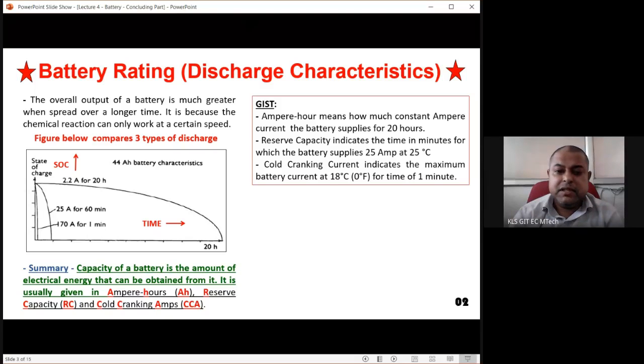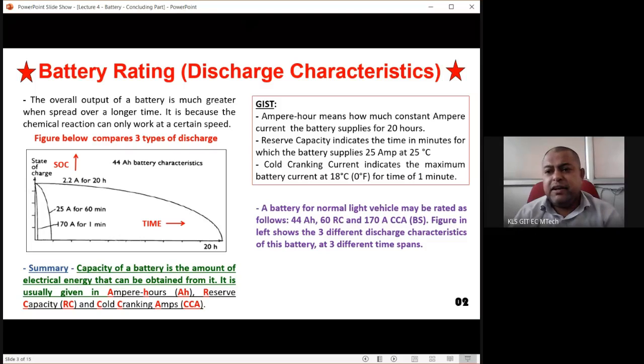So this is the gist, and from here we can find out some more specifications. A battery for a normal vehicle that we are driving may be rated as follows. So 44 ampere hour, AH, that is the first rating. 60 RC, okay, so it can give us 60 ampere current instead of 25 ampere, for 1 hour at 25 degrees centigrade.